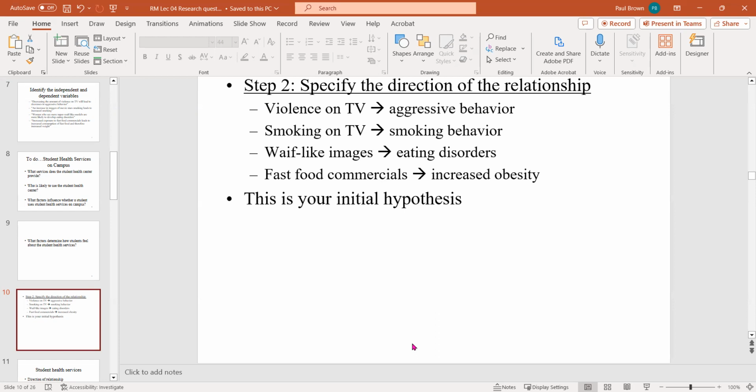Students with more knowledge of the services offered by the student health center are more likely to think positively about using student health services. That sound right?